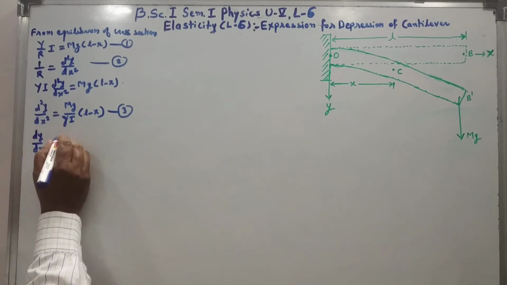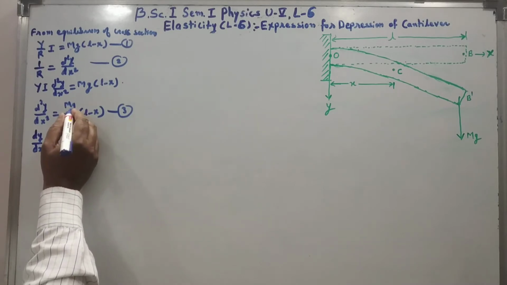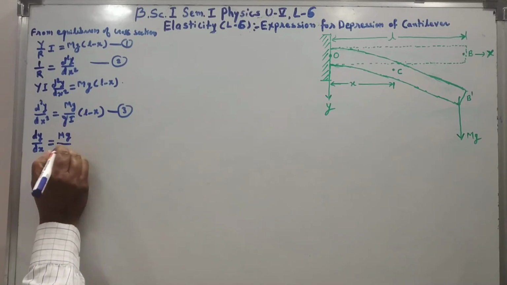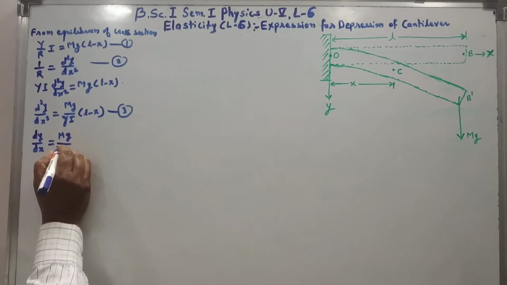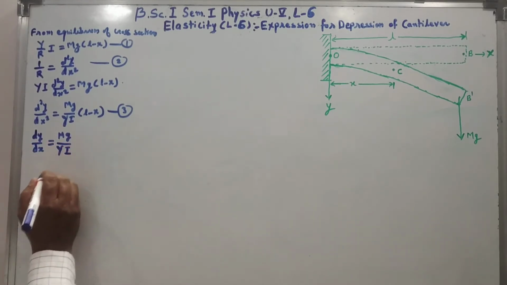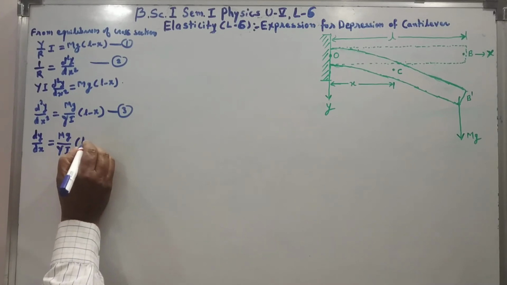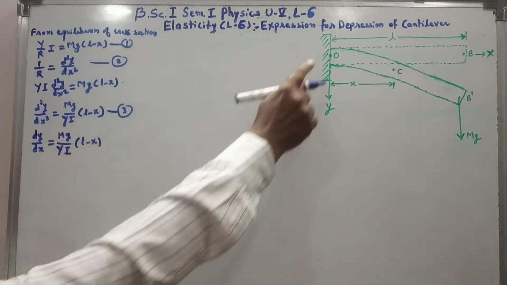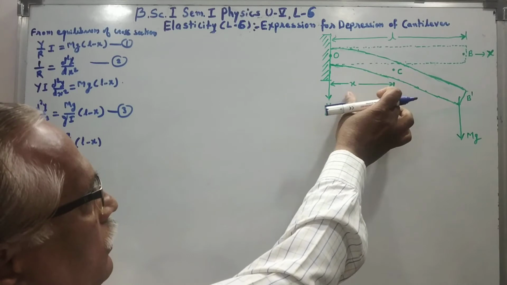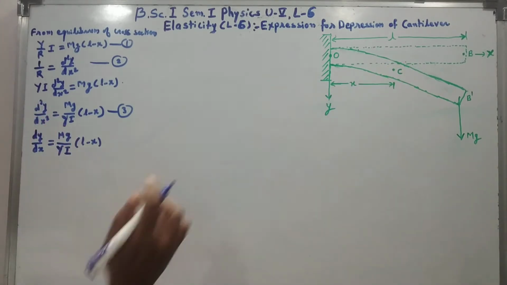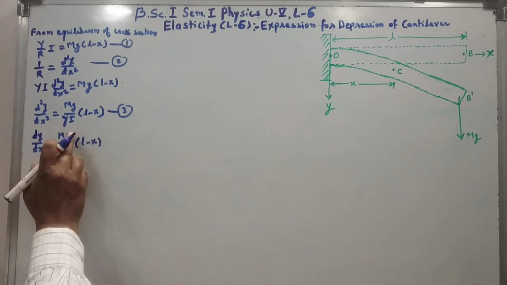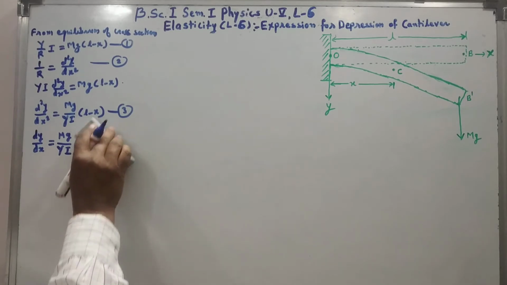Here capital M is the mass attached, g is the acceleration due to gravity, capital Y is the Young modulus, this y being a small y, and I is the geometrical moment of inertia. L is the length of the beam, and small x is the distance of the point C from the fixed end.